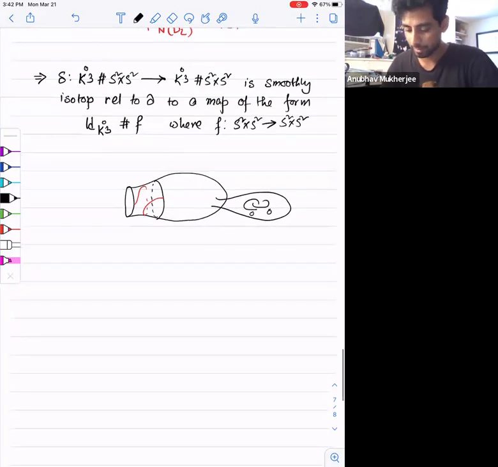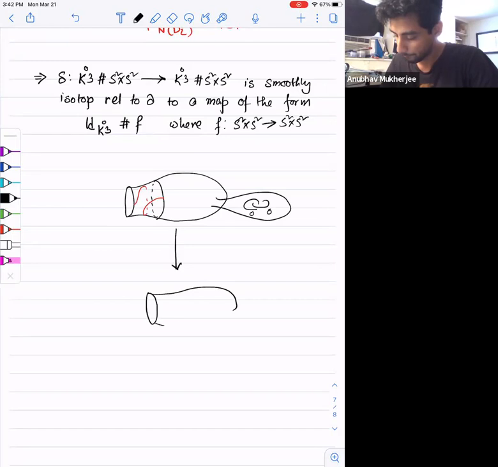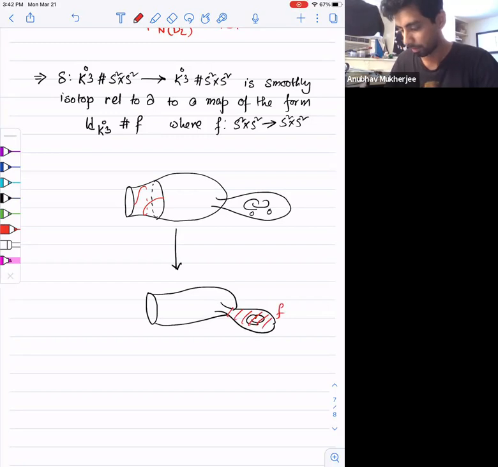We showed that if those pair of disks are smoothly isotopic, then this diffeomorphism is smoothly isotopic to some map which is now identity on the K3 and some diffeomorphism F here.